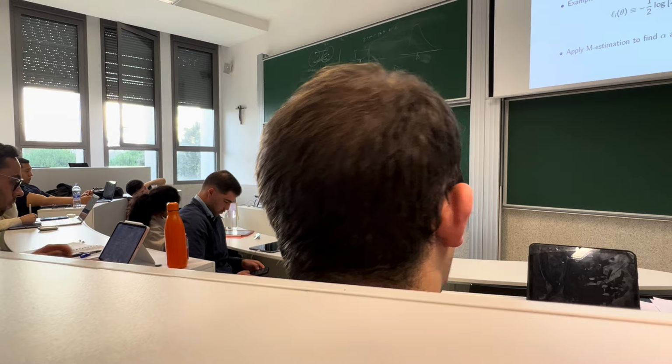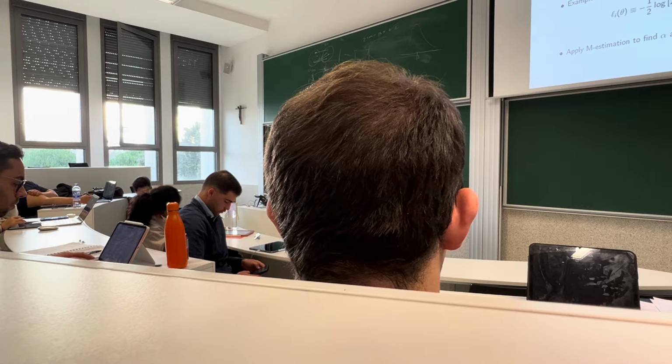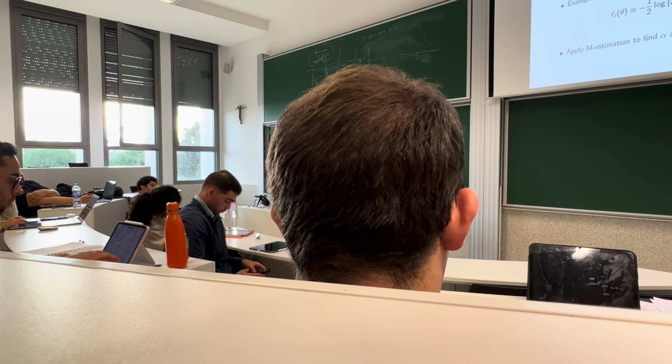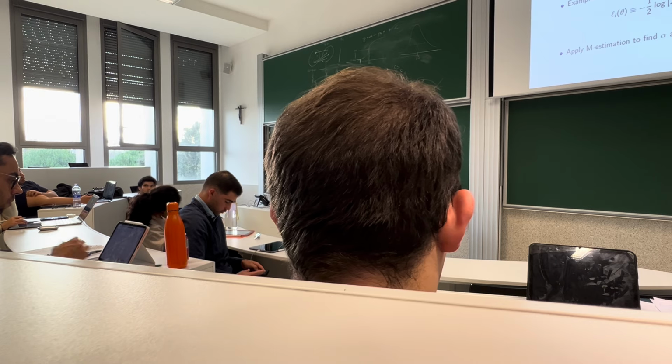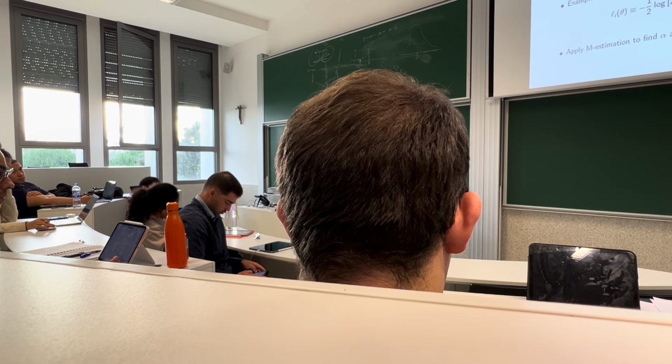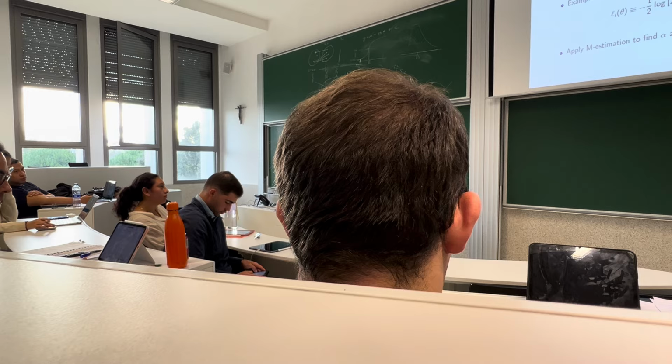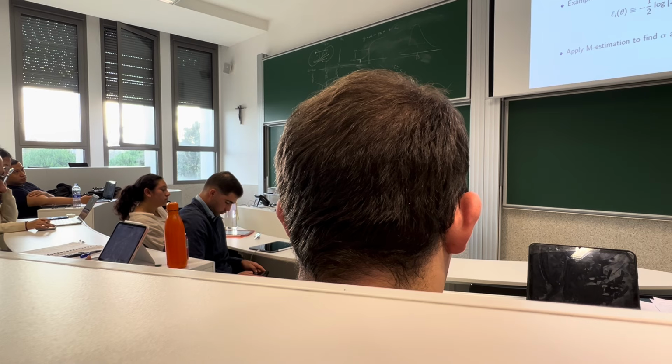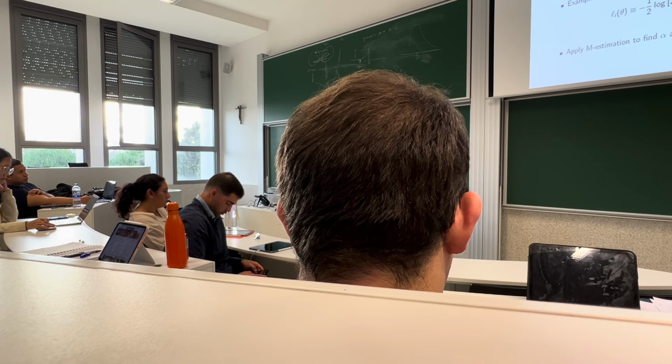This is exactly a normal distribution, where u is defined by this function there. The average is 0, and sigma squared is something that I can estimate. That means that in this case, I can just apply maximum likelihood, and I can recover alpha and beta under the assumption that the error term is normal.